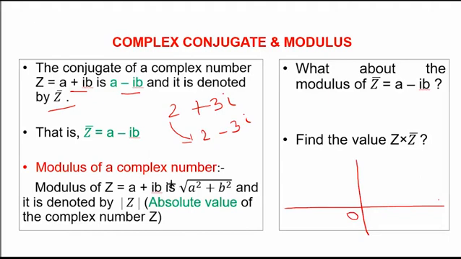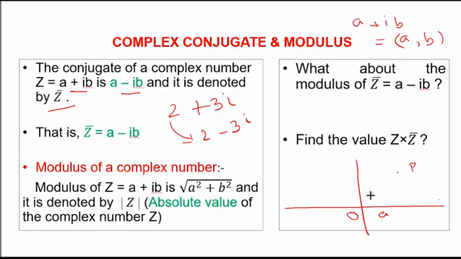Already in the earlier slides I told you that it can be plotted in the xy plane, that is the complex plane. So how do you plot this a plus ib? A plus ib is nothing but a comma b. Now where is a comma b? On the x axis is a and on the y axis is b.